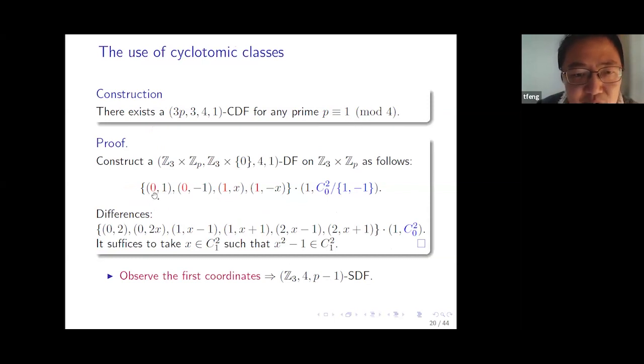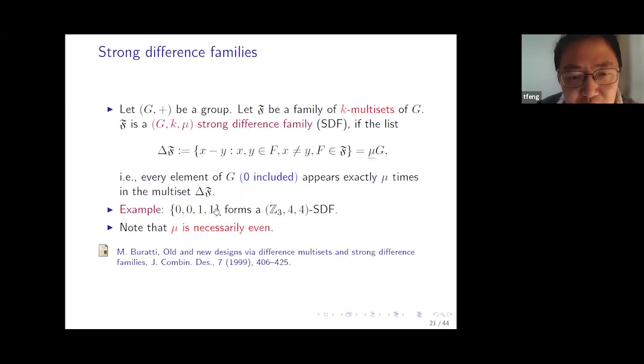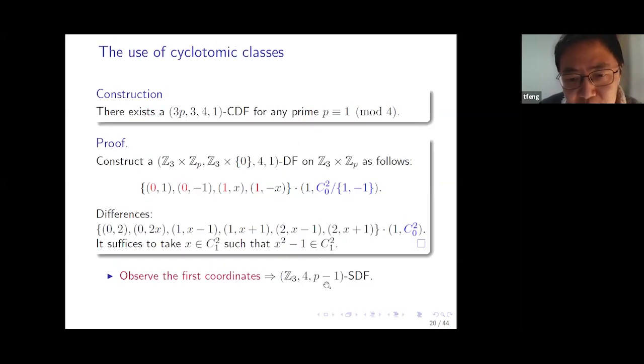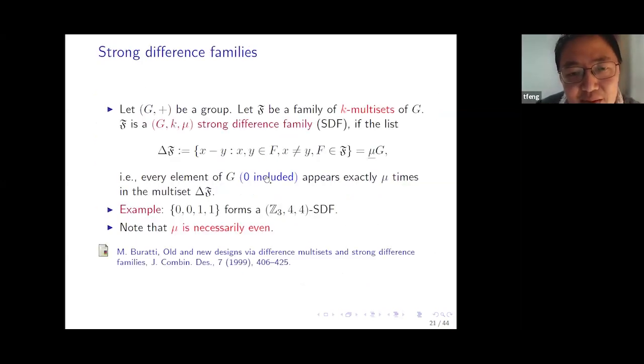We have seen that 0, 0, 1, 1 forms a 3, 4, 4 strong difference family. So we take p minus 1 over 4 copies of this strong difference family. Of course, it forms a 3, 4, p minus 1 strong difference family. We use it as the first coordinate of our example.